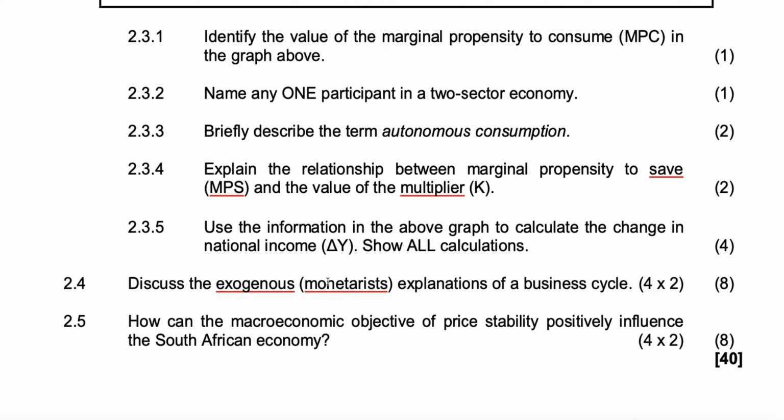But Milton Friedman, who started the monetary school of thought around about the 1960s. Keynes was around about the 1930s, I think. So Milton Friedman believes that markets are inherently stable and fluctuations are caused by external factors. So they believe that government intervention should not happen.